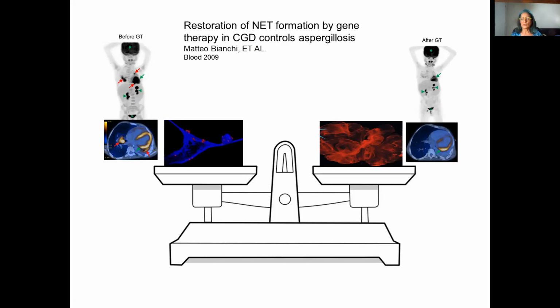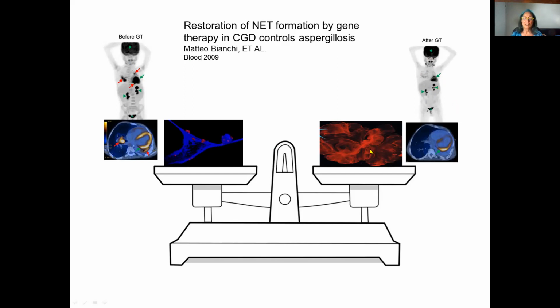Of course, not only NETs, there is also host production. And so the infection was almost, in this time, the red arrows, sorry, disappeared. So curing the infection.